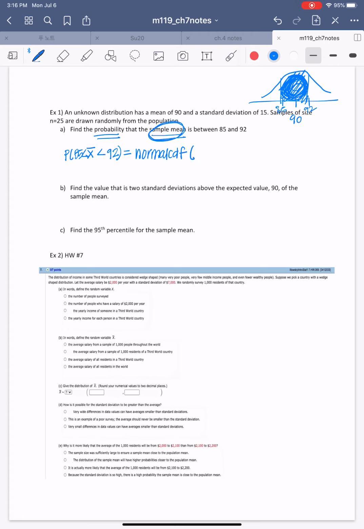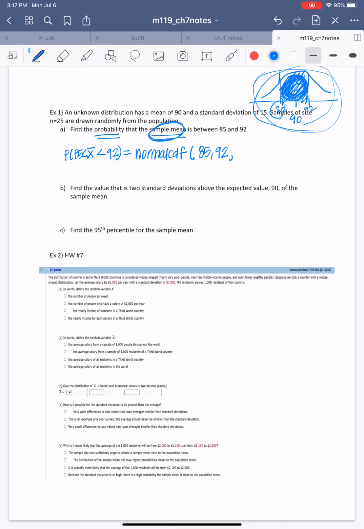You need a left value, so my area begins at 85 all the way up to 92. Your mean, what's your mean? I have 85, 92.